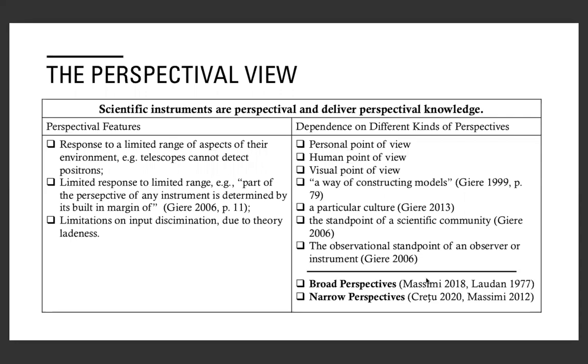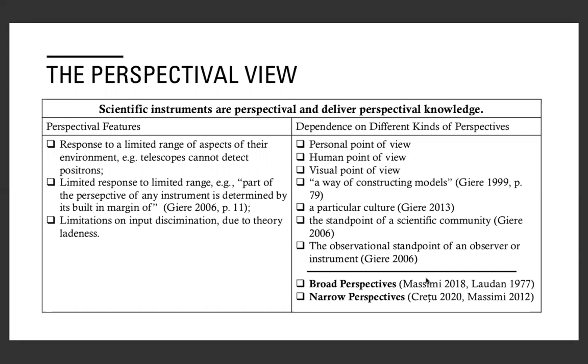Peter Evans also talks a bit about this in his recent Perspectival Objectivity paper, and he construes this particular feature as a way of circumscribing our relationship to scientific instruments and explicating what that entails.